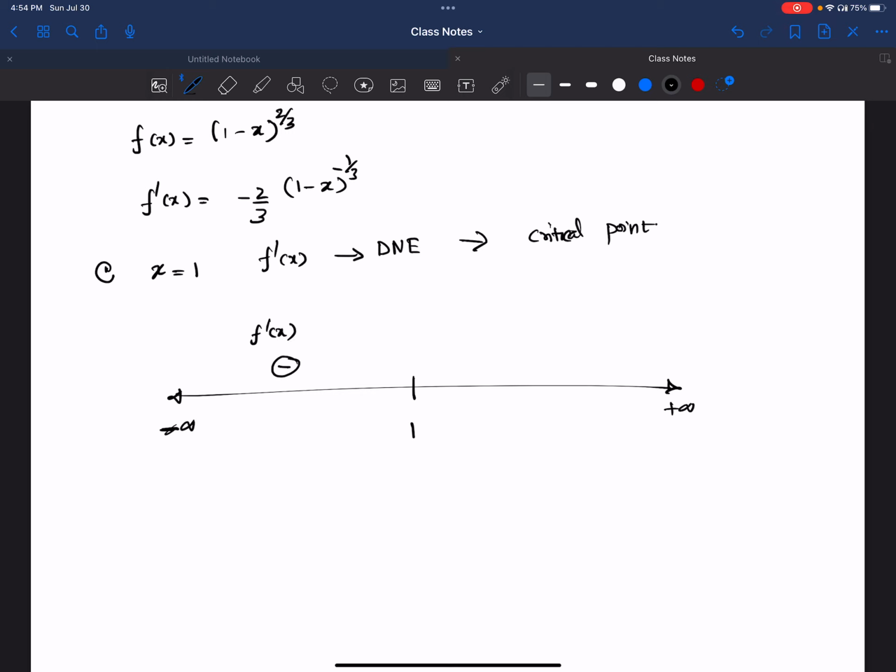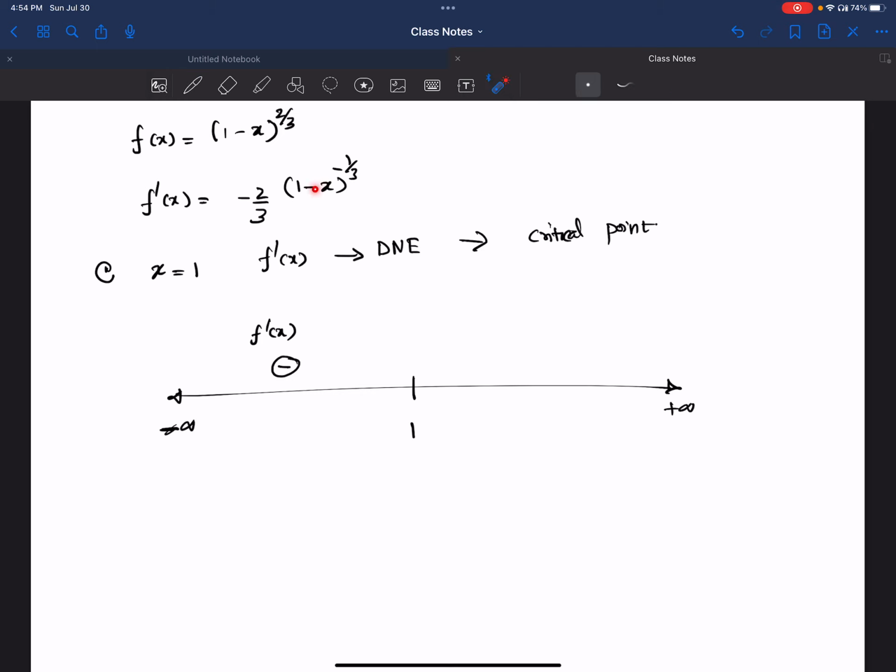And if you put any value greater than 1, say 2, you get a negative value inside the cubic root, which is defined.